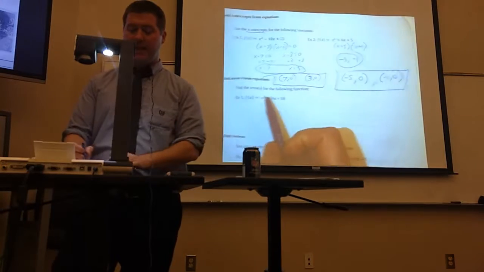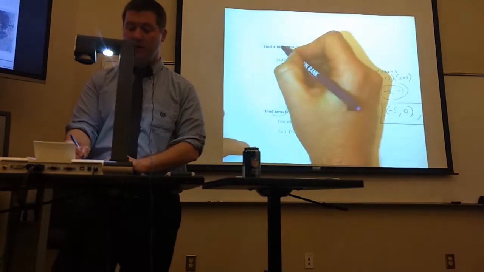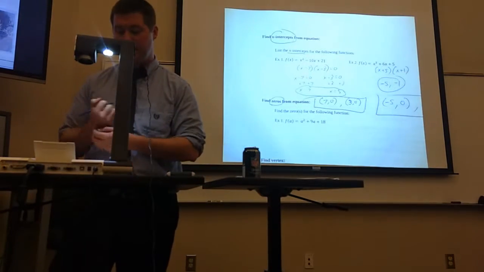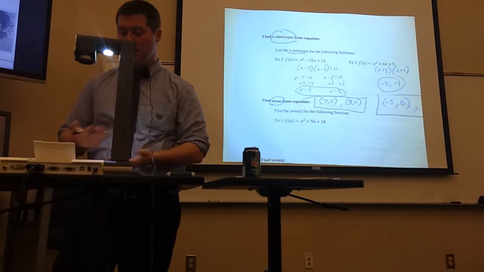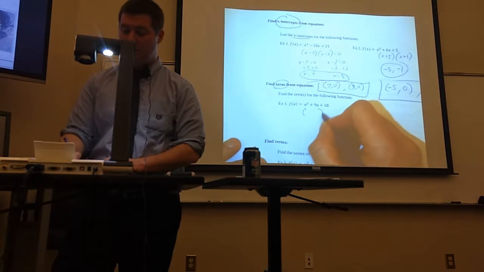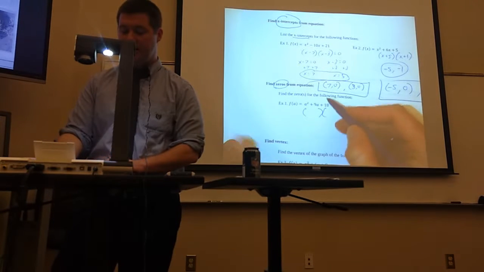Yeah, that's the next type. So you've got to look at the directions and say, is it asking for a zero or is it asking for the x-intercept? The intercept is the ordered pair. The zero is just the number. So the ones like this one say find the zeros. What works here? What multiplies to give us 18 and adds to 9?